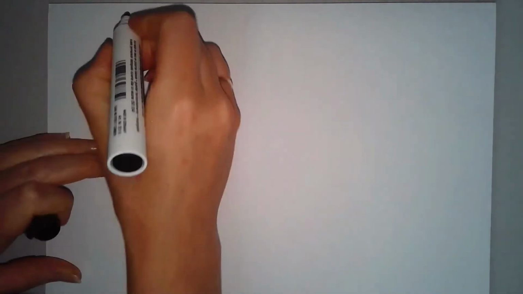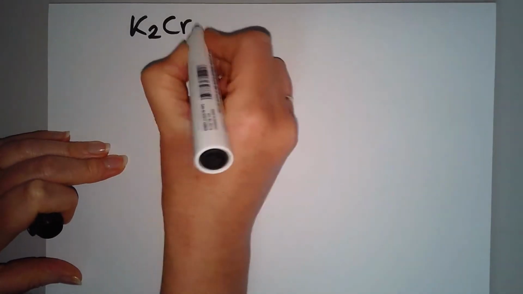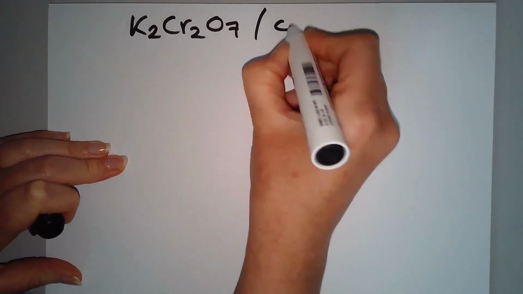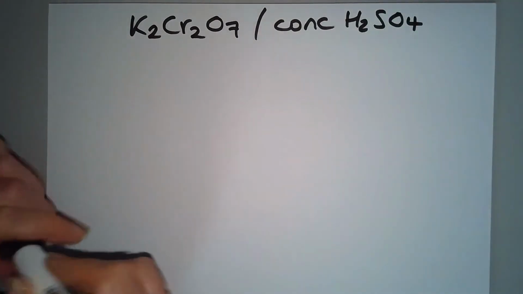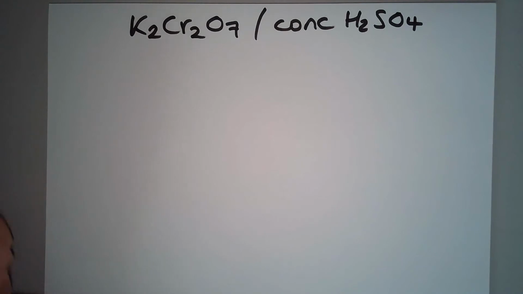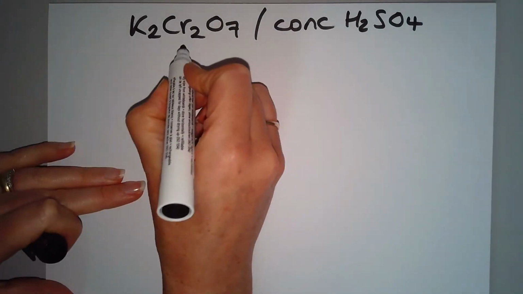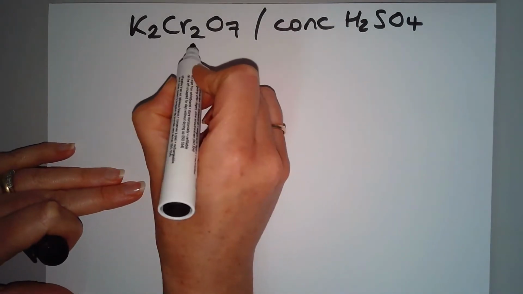We've been looking at the oxidation of alcohols. The oxidizing agent is the potassium dichromate, and we put that with the conc. H2SO4. So I'm going to show you here about the reduction part of this. So the alcohol gets oxidized, the oxidizing agent gets reduced itself.